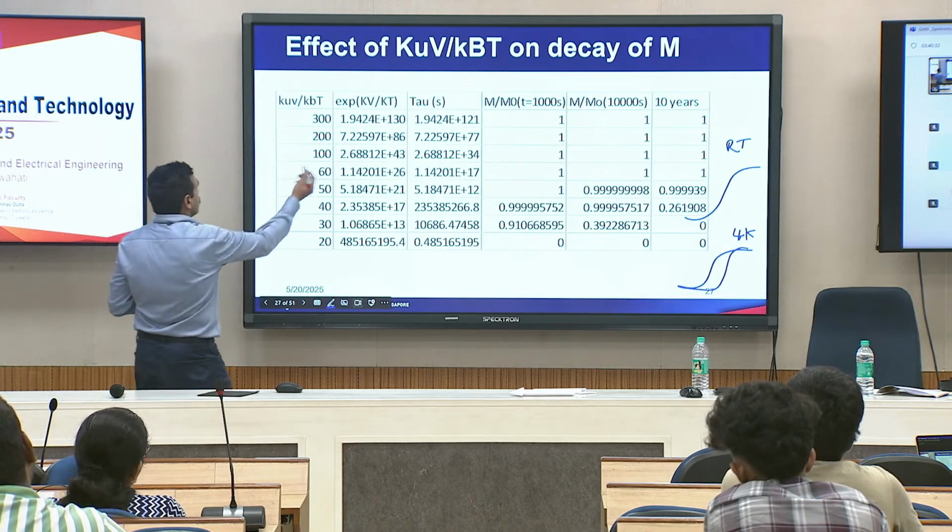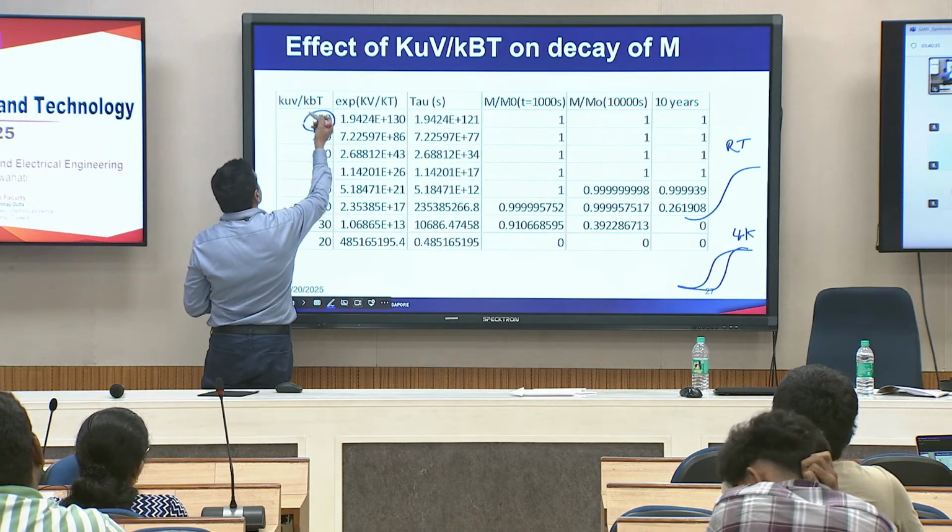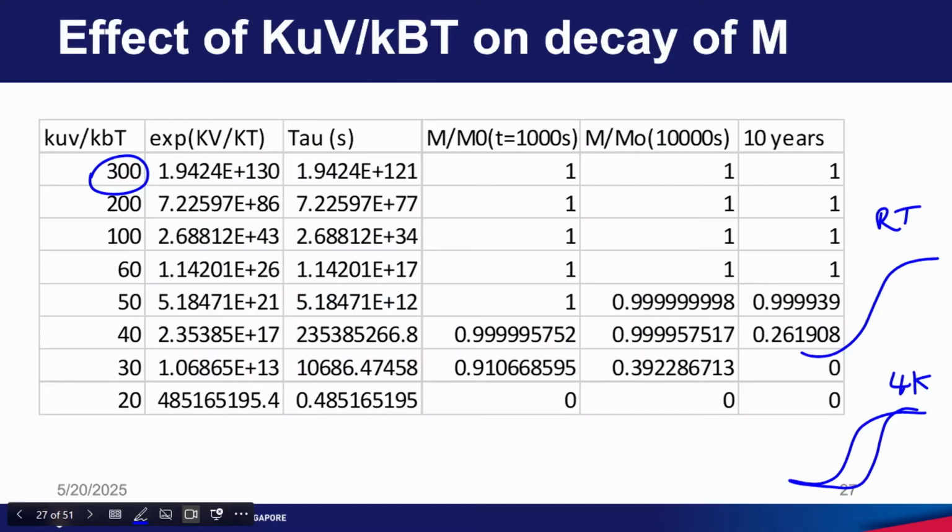Okay, so, here I roughly calculated, for different KUV by KBT, how much of the magnetization will flip.